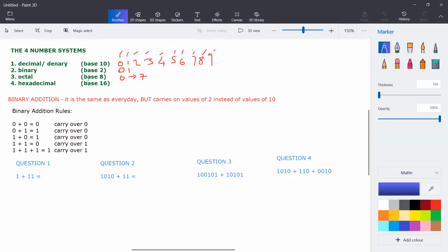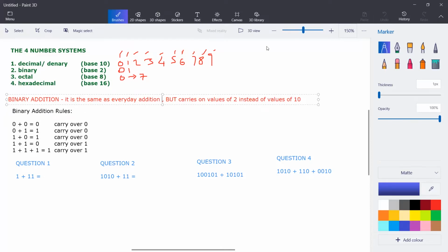Binary addition, as stated here, is just the same as everyday addition, okay? So the normal addition maths that you normally do, binary addition is just the same, but there's only one difference.